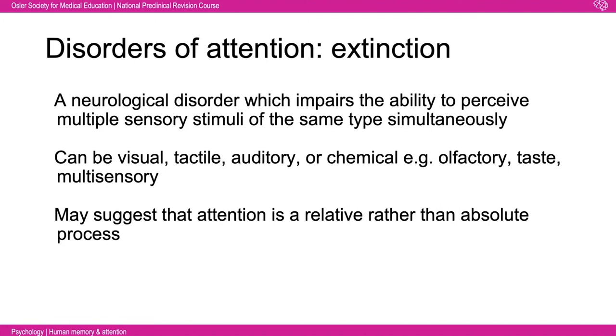So it could be visual, it could be tactile, could be auditory, could be chemical. So it could be any sort of taste, can also be multisensory. And again, it suggests that attention is more of a relative thing. So someone with neglect hasn't got the total inability to pay attention to that side, but just that they relatively pay much more attention to the other side.